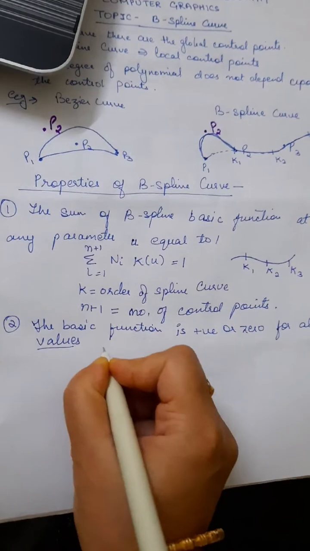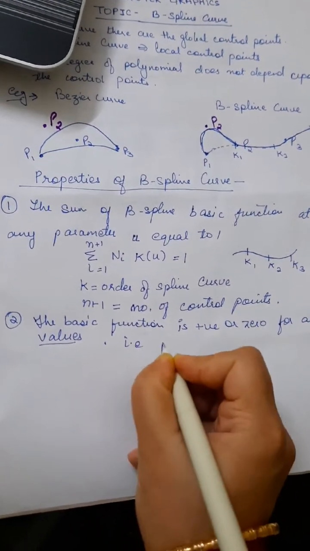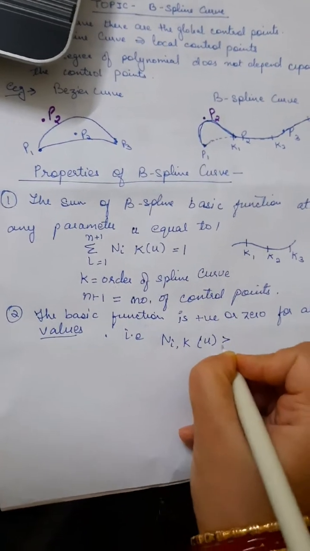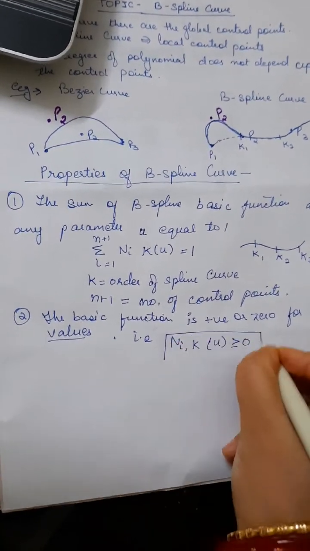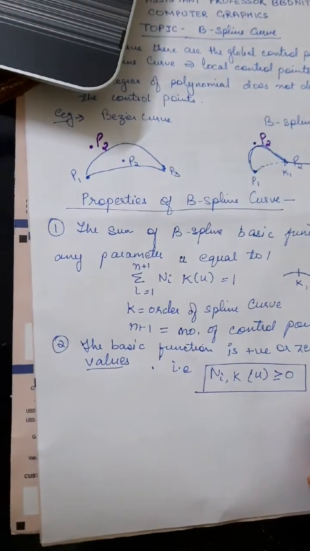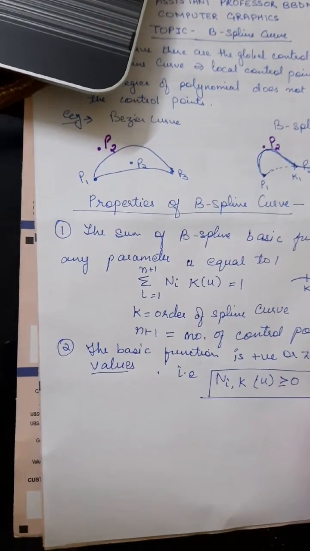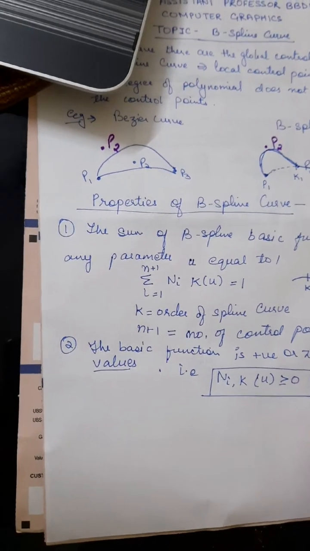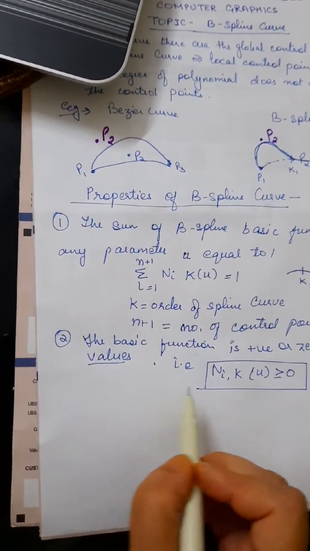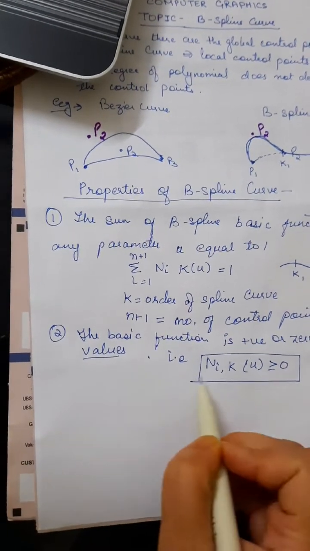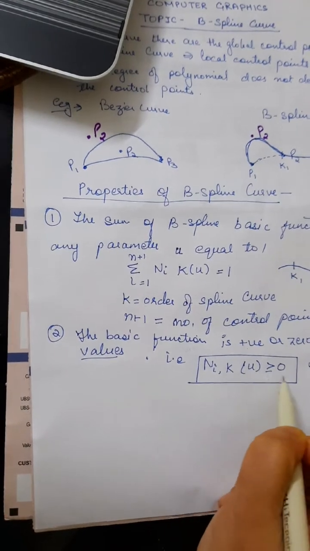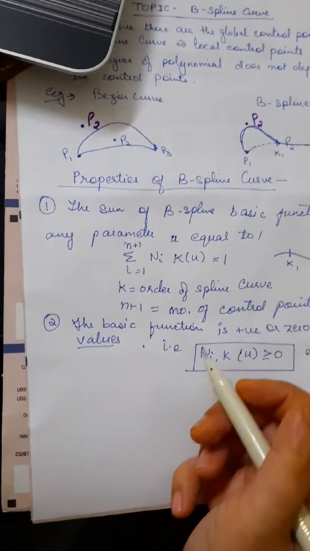It means that N i,k of u is always greater than or equal to 0, except for k equal to 1. Except for k equal to 1, it is positive or 0, this N i,k value is greater than or equal to 0.